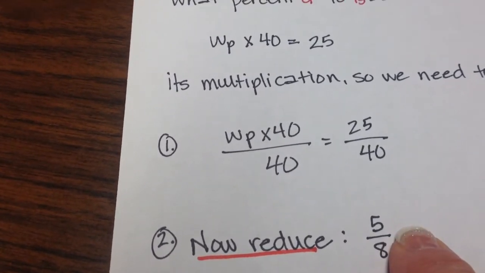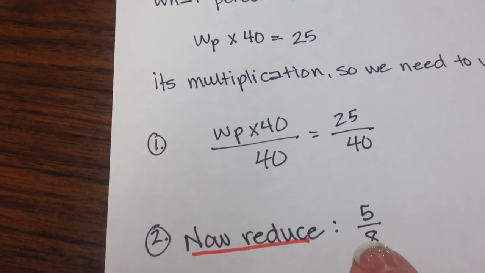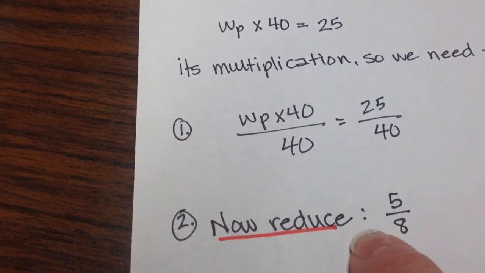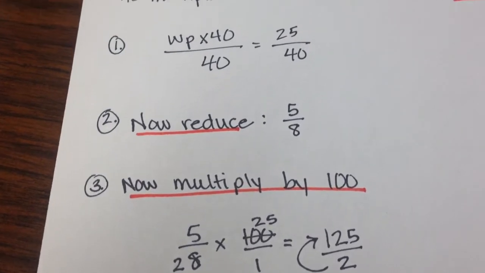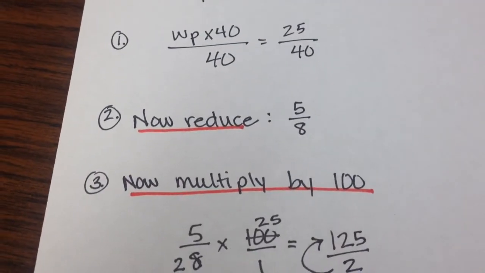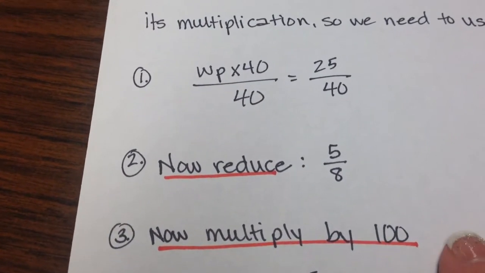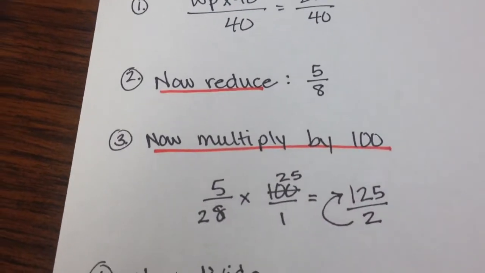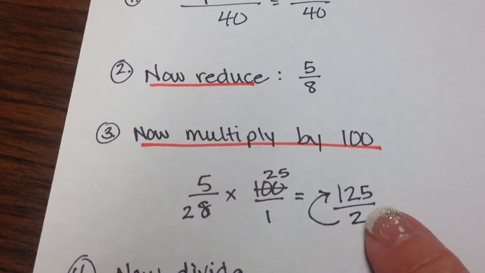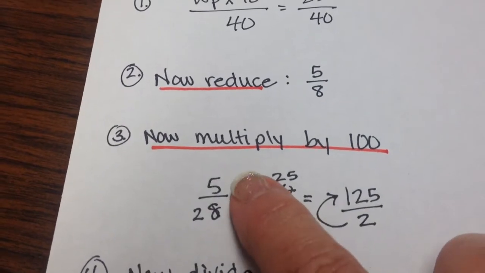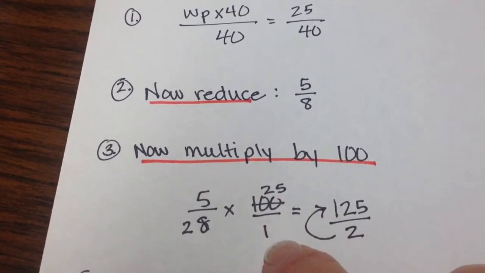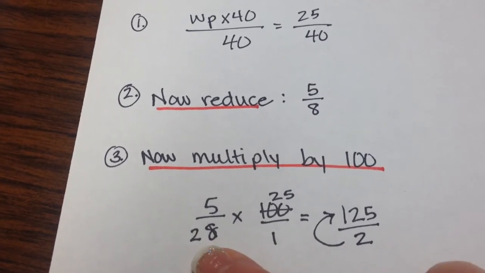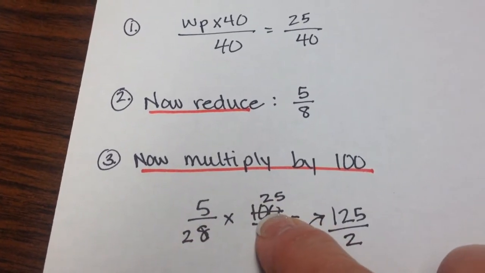Now, I need to know percent, not fraction. How am I going to find percent? First of all, I'm going to multiply by 100 for percent. So I have 5 over 8 times 100 over 1. 4 can go into 8 two times, and 4 can go into 100 twenty-five times.